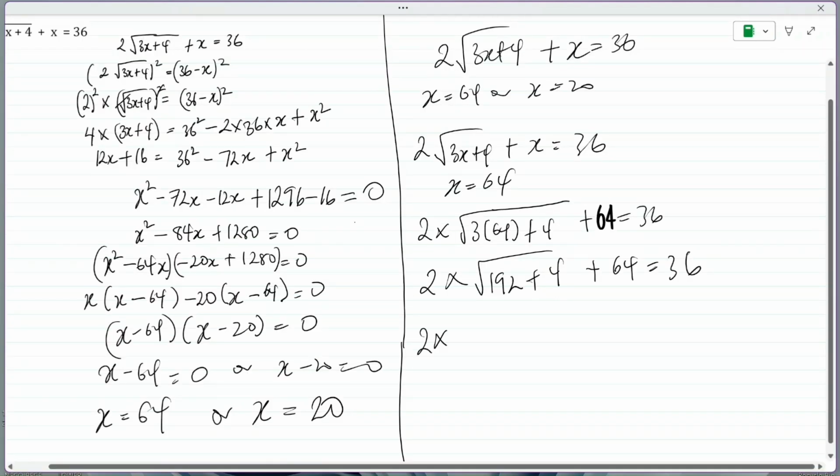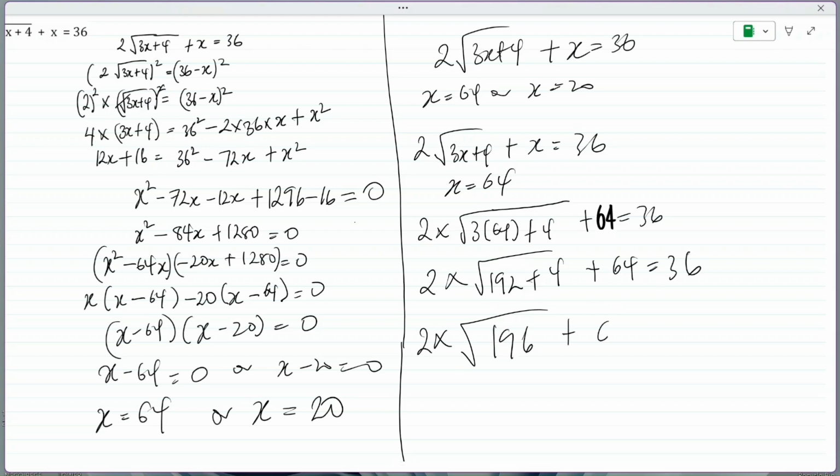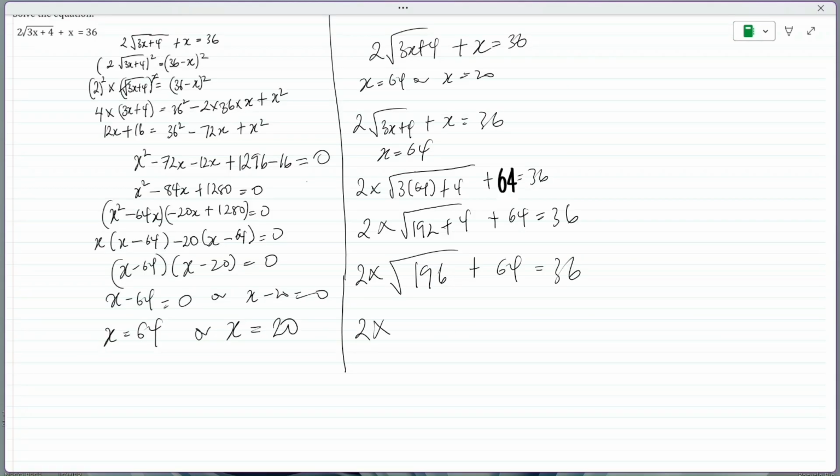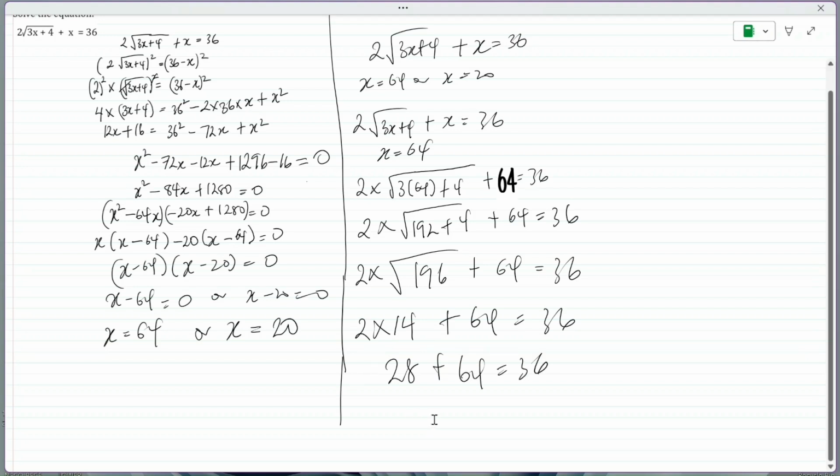Now you have 2 times square root of 192 plus 4, which will give you 196, plus 64 equals 36. 2 times square root of 196 is 14, plus 64 equals 36. You have 2 times 14, which is 28, plus 64 equals 36. You have 28 plus 64 will give you 92 equals 36.